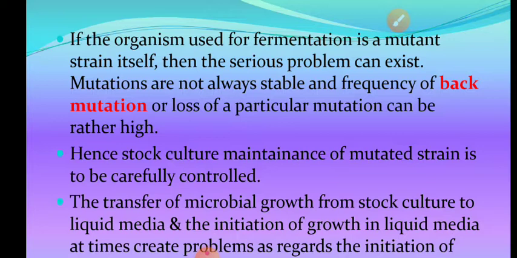Because mutations are not stable, and the frequency of back mutation or loss of a particular mutation is rather high. That means you are using a mutated organism, but during the course of fermentation, the organism may undergo back mutation and revert back to the original state, and the chances of this back mutation are high.